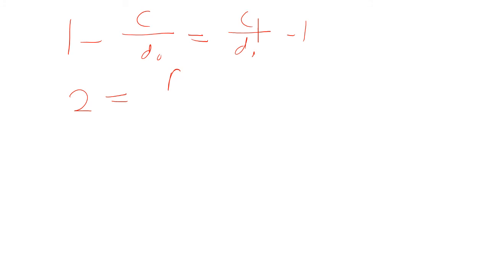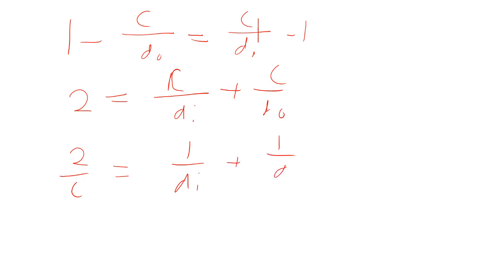So again, 1 minus C over DO equals C over DI minus 1. Do some algebra. 2 equals C over DI plus C over DO. 2 over C is 1 over DI plus 1 over DO.